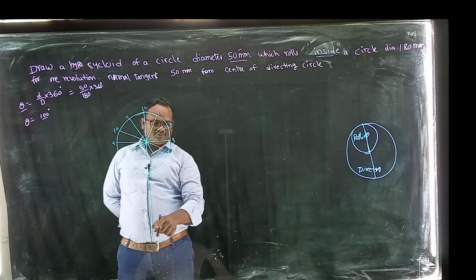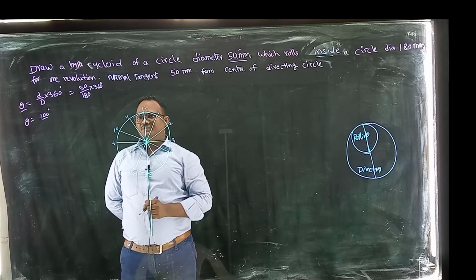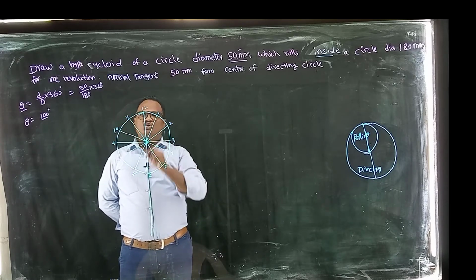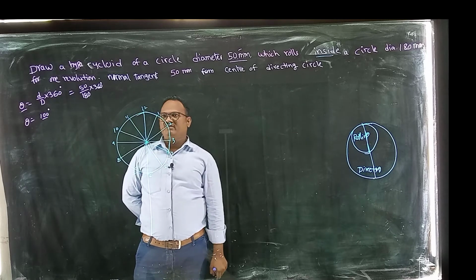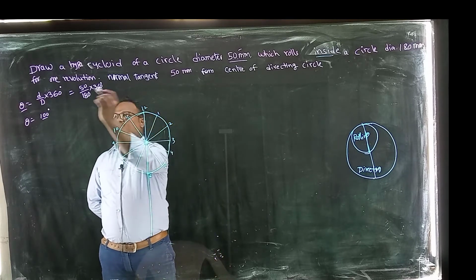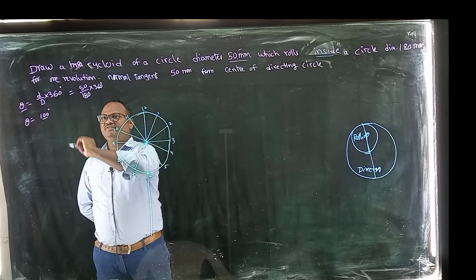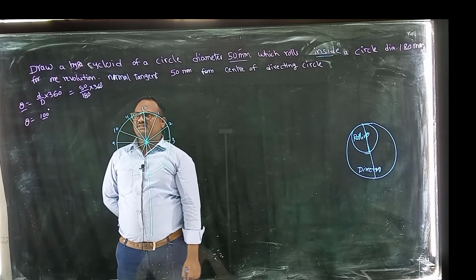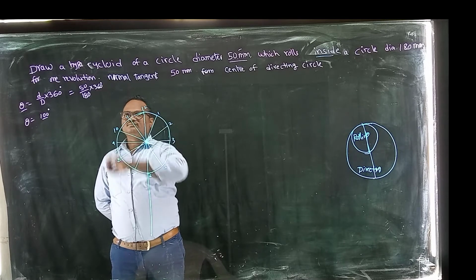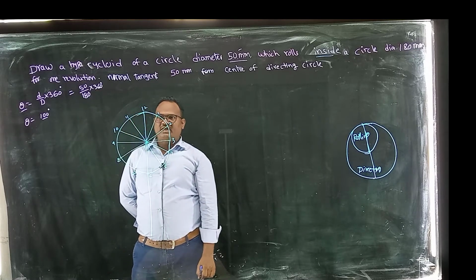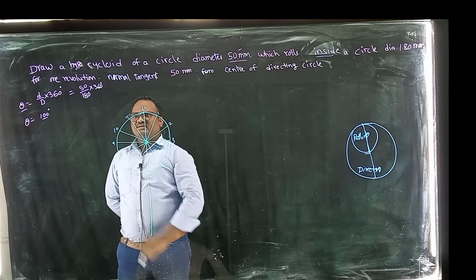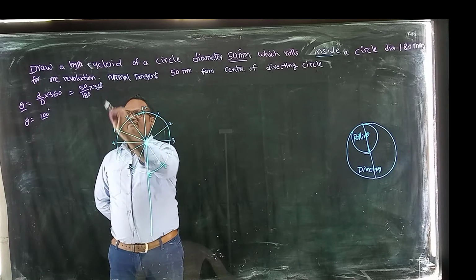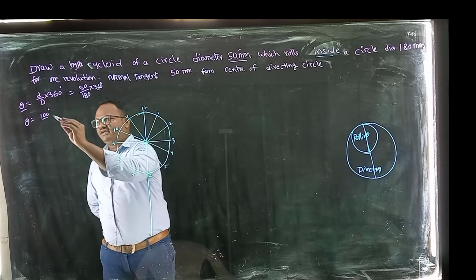This circle also rolls inside, taking one revolution. That is the same small formula as in the previous epicycloid: small d by capital D into 360. The rolling diameter is 50, the directing diameter is 180, and one revolution is 360 degrees. So you will get 100 degrees here also.